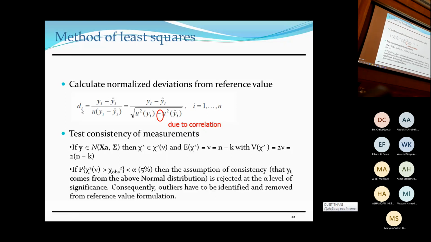It helps me to understand if a particular measurement is consistent with the reference value. If it's not consistent, then I have to take it out and recalculate the reference value until all of the numbers that participate in it are consistent. Okay, so I want to get rid of any inconsistencies that might influence the reference value.